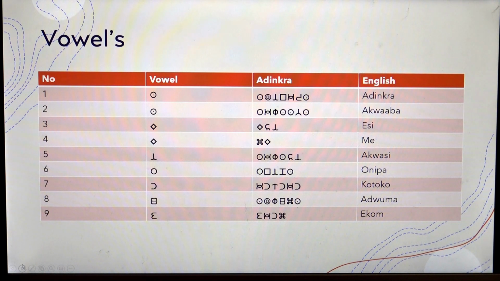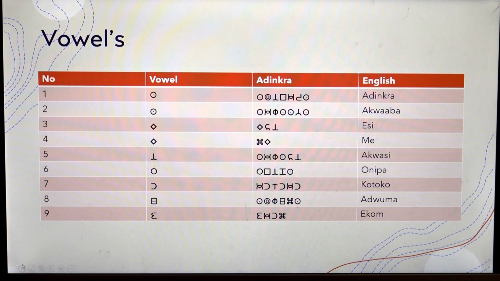And then the E character as in Akwesi. And then also O as in onipa, which is a person. Akwesi is the name of a person.